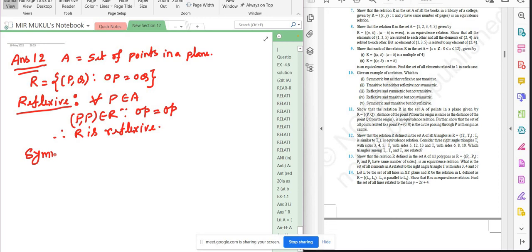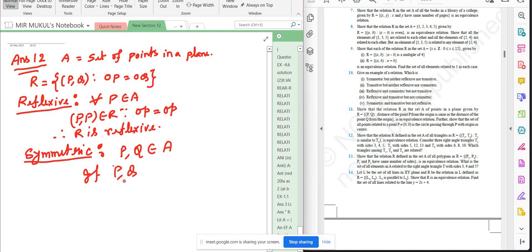So, is R symmetric or not? Symmetric check. R will be symmetric. Why? Suppose P and Q, two points I have taken, belong to A. And if PQ belongs to R, it means OP equals OQ. So we can say OQ equals OP also.